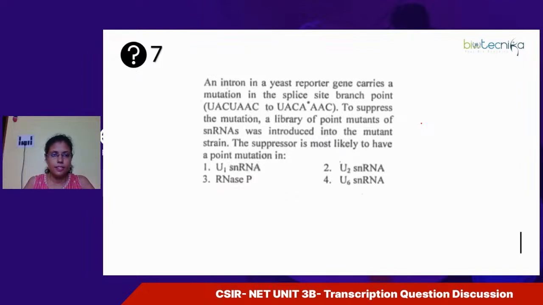They are saying that an intron in a yeast reporter gene carries a mutation in the splice site branch point. To suppress the mutation, a library of point mutants of snRNAs was introduced into the mutant strain. The suppressor is most likely to have a point mutation in what?